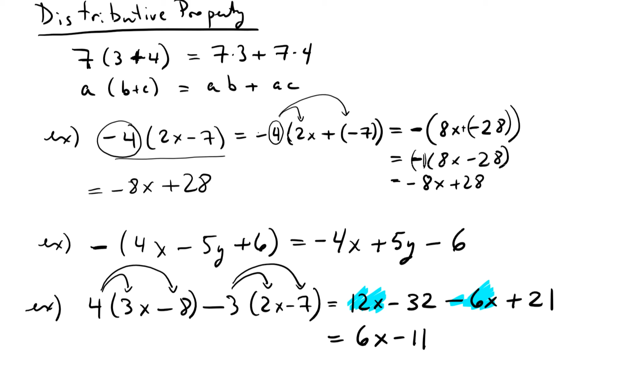So what I've done here, I've combined like terms. So like terms are, well, constants go with constants. So things that are not affected by variables, you combine them together. And then if you've got terms that are multiplied by x, you combine them together as well.